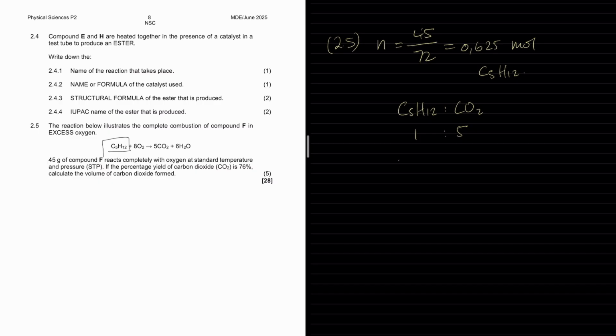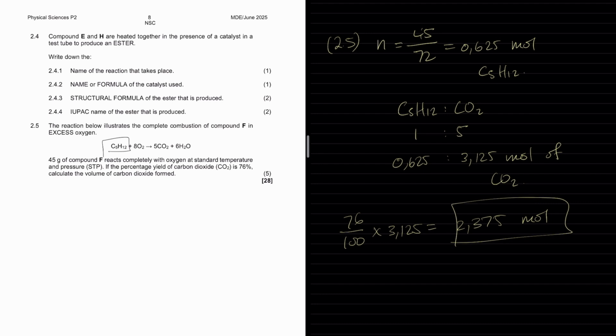So if I have 0.625, I multiply by 5, I'm going to get the number of moles. This is going to be 3.125 moles of my CO2. Now, remember, they tell me the yield is only 76%. So 76% of that 3.125 is actually 2.375 moles.